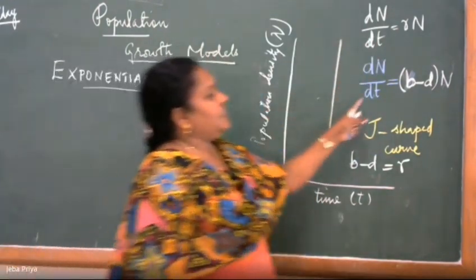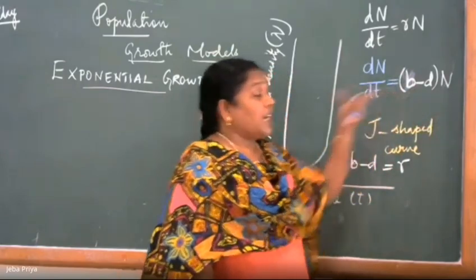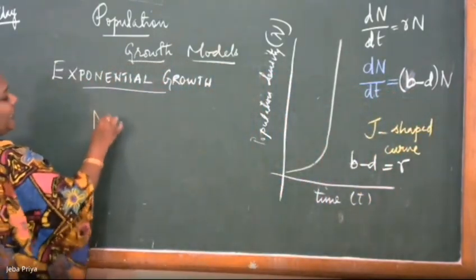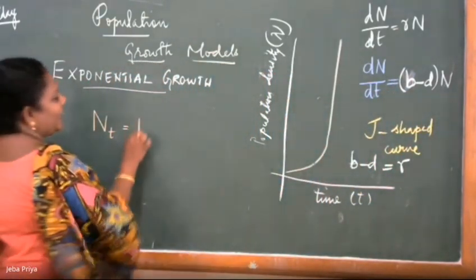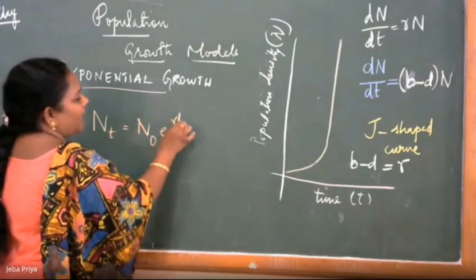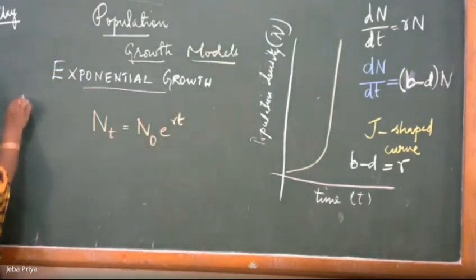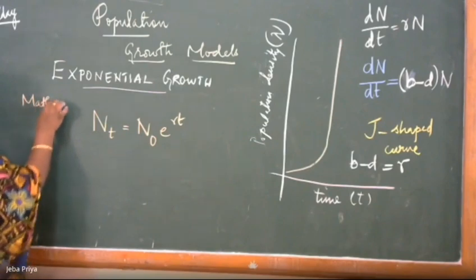From that you get the equation N t is equal to N0 e power rt. This is the mathematical expression of the exponential growth curve.